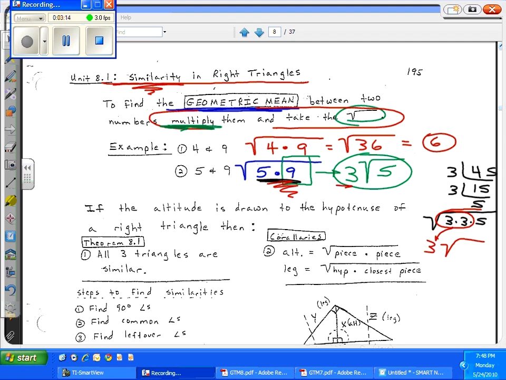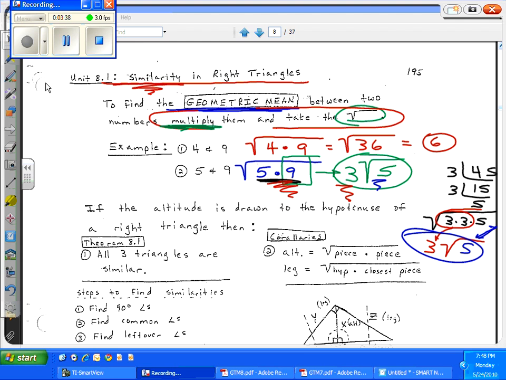From each set, you bring one out. There's your 3. What didn't get circled in a set goes back in. There's your 5. 3 square root 5. Any questions on finding the geometric mean?